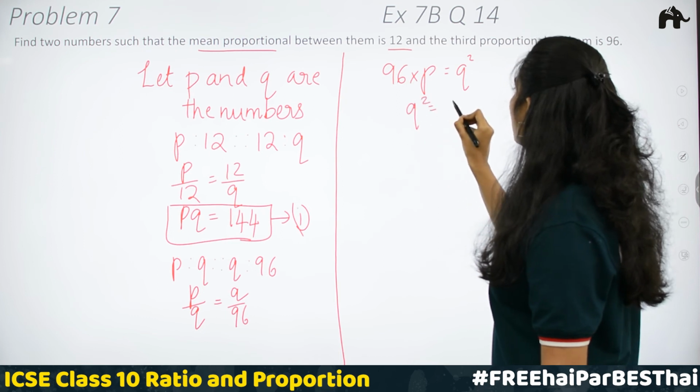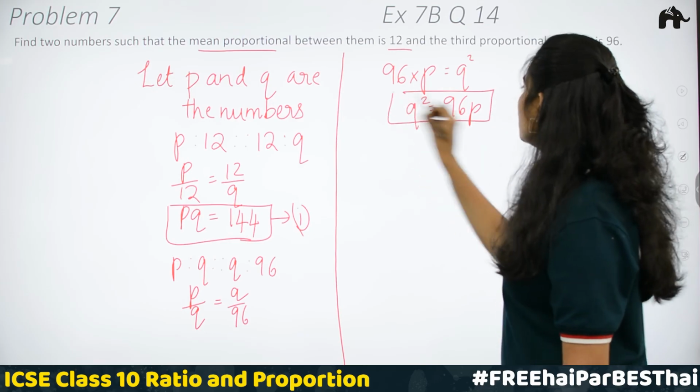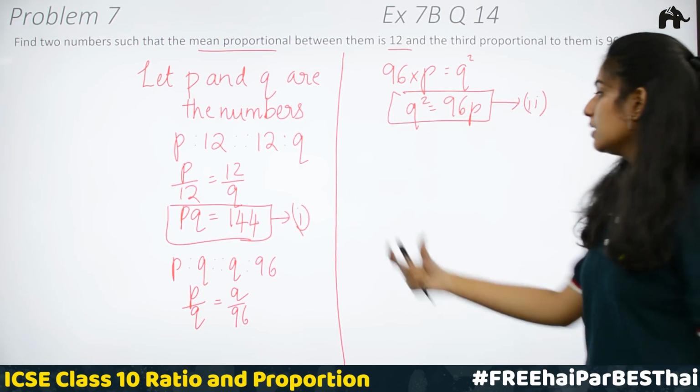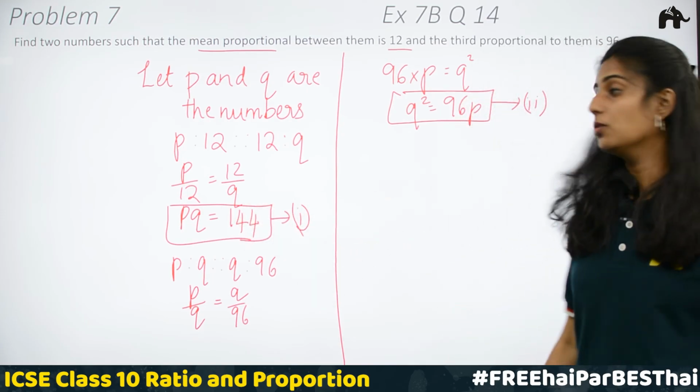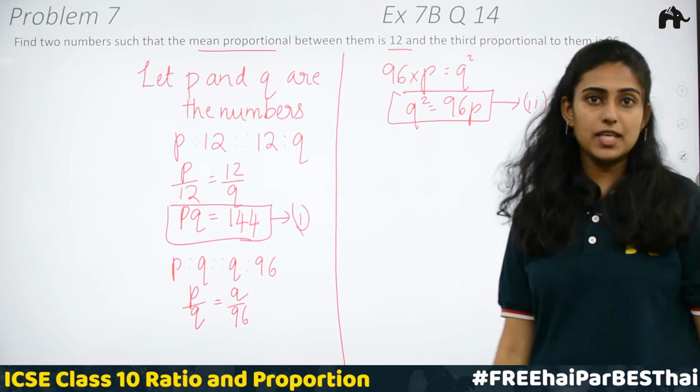Q square is equal to 96P. This is our second equation. We got two equations in terms of two variables P and Q. Now comparing these, we can solve to get the values of P and Q.